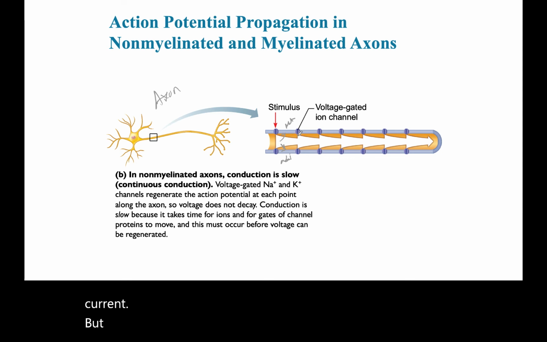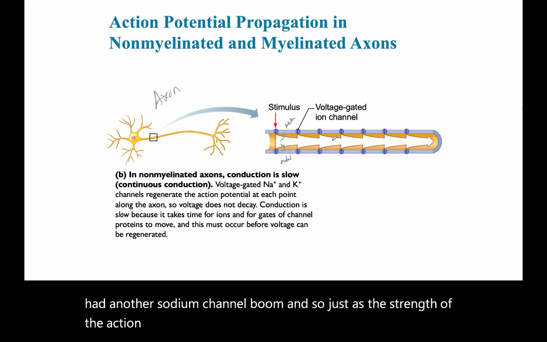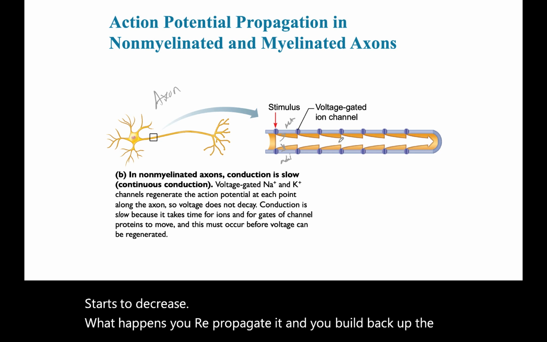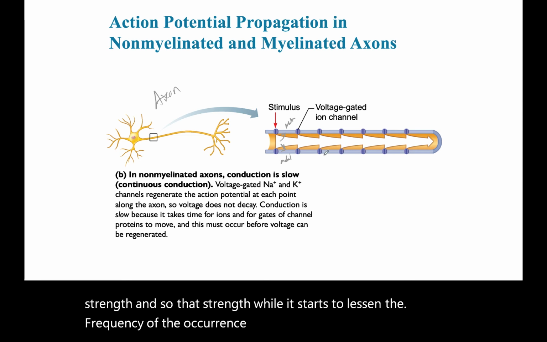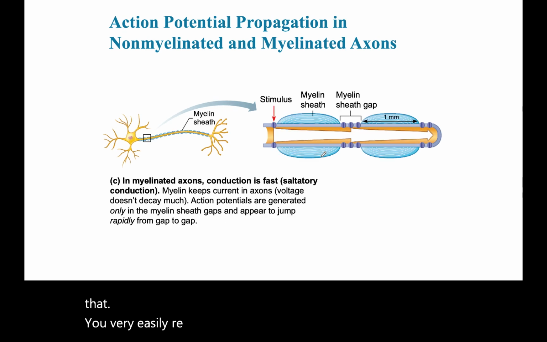You hit another sodium channel. Boom. You hit another sodium channel. Boom. And just as the strength of the action potential starts to wane, you repropagate it and you build back up the strength. While it starts to lessen, the frequency of those sodium channels is such that you very easily repropagate it quickly.